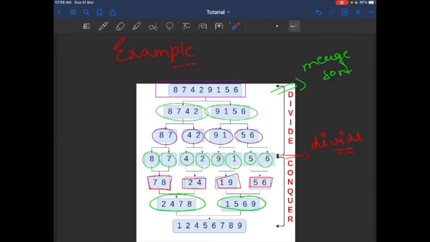So what we have to do now is combine them together and get the final output, which would be 1, 2, 4, 5, 6, 7, 8 and 9. As we can see here, these two are already sorted, so we just have to combine them in ascending order. And here we get our sorted array. And this is how you solve a problem using a divide and conquer approach.